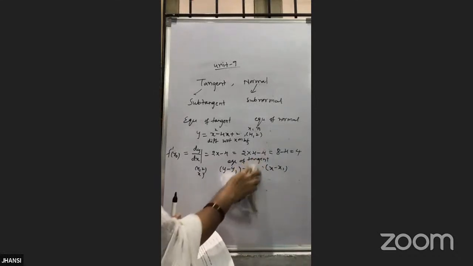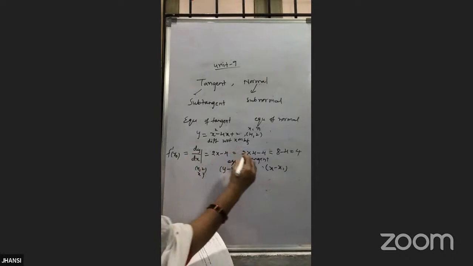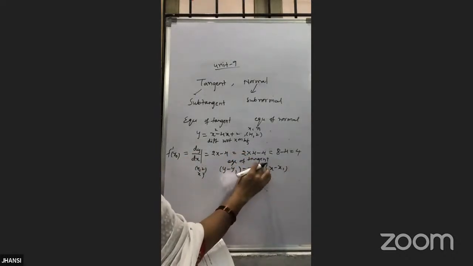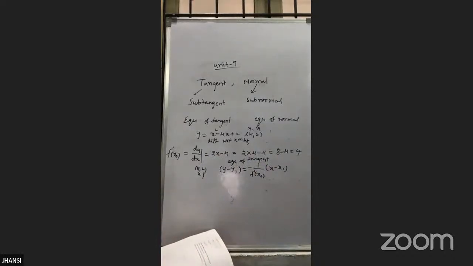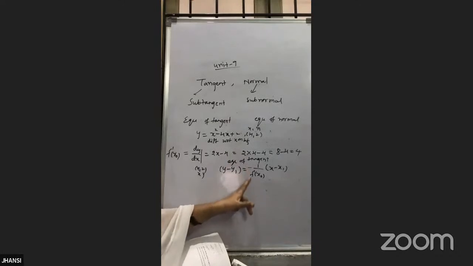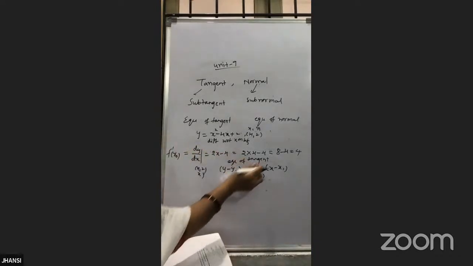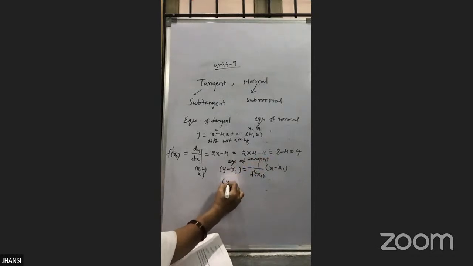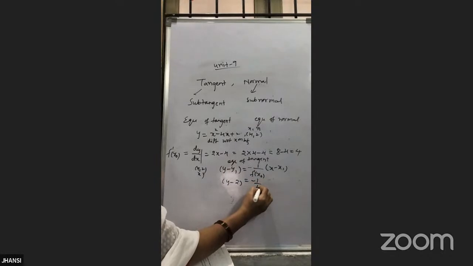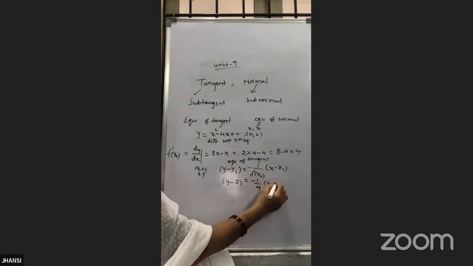Instead of f dash of x0, it will be minus 1 by f dash of x0. That is negative. I have told m is the slope, and here minus 1 by m. So similarly minus 1 by f dash of x0 you will get. For this problem, it is y minus 2 is equal to minus 1 by 4 into x minus 4.